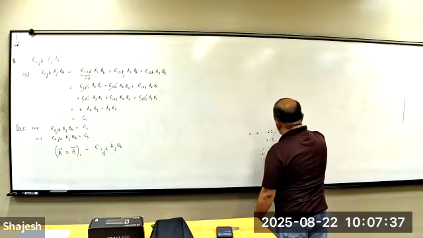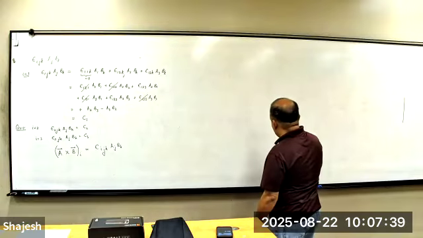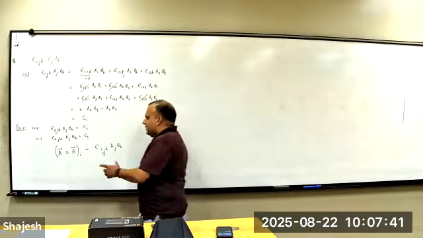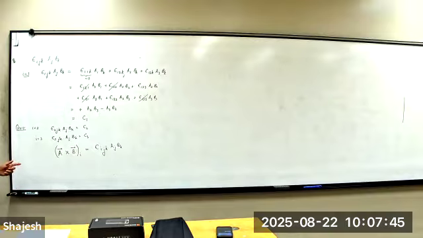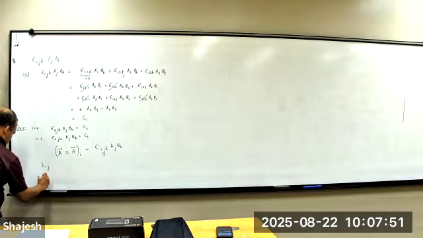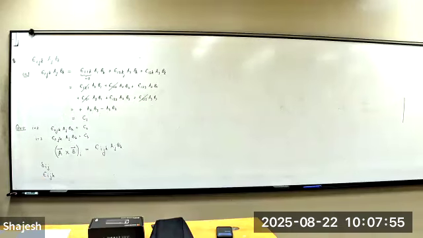Once we have the Levi-Civita symbol, because of its symmetry properties, there are two symbols I have introduced, right? Delta ij and epsilon ijk. There is a symmetry property in each of these. Here, if I replace i and j, the symbol doesn't change.